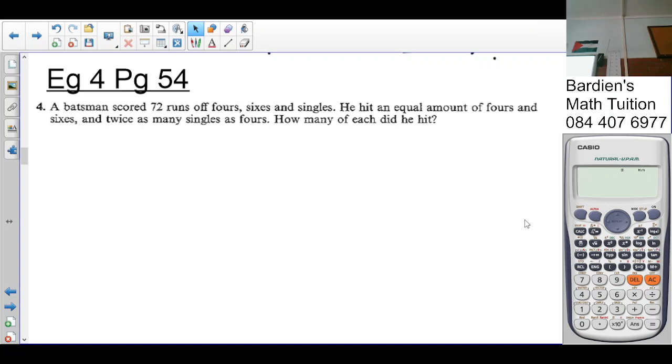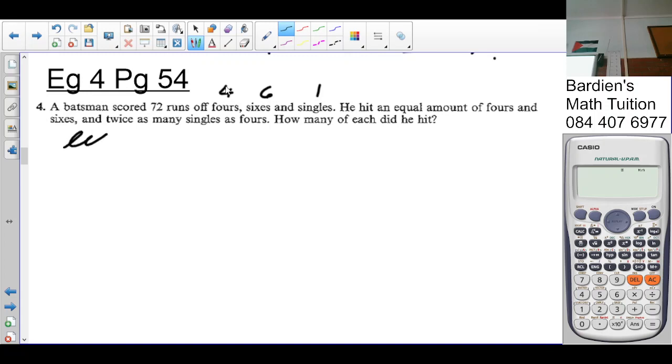You guys know what game this is? Cricket. You all know what cricket is, no? So that is a 4, a 6 and a single. He hits an equal amount of 4s and 6s.